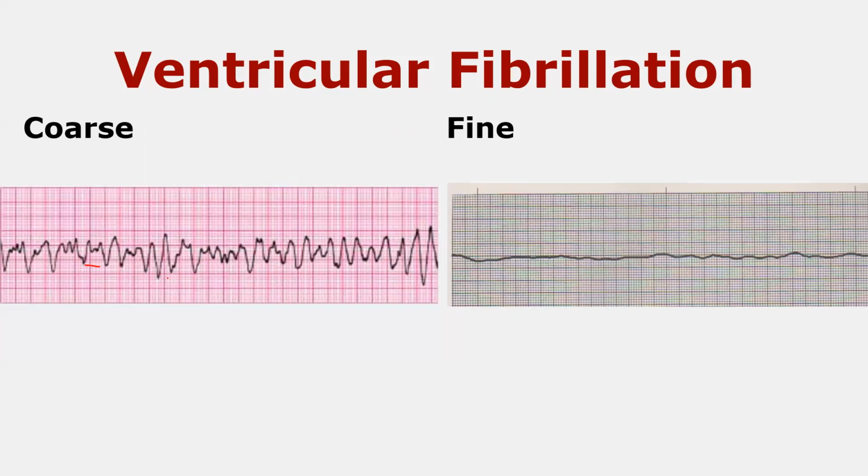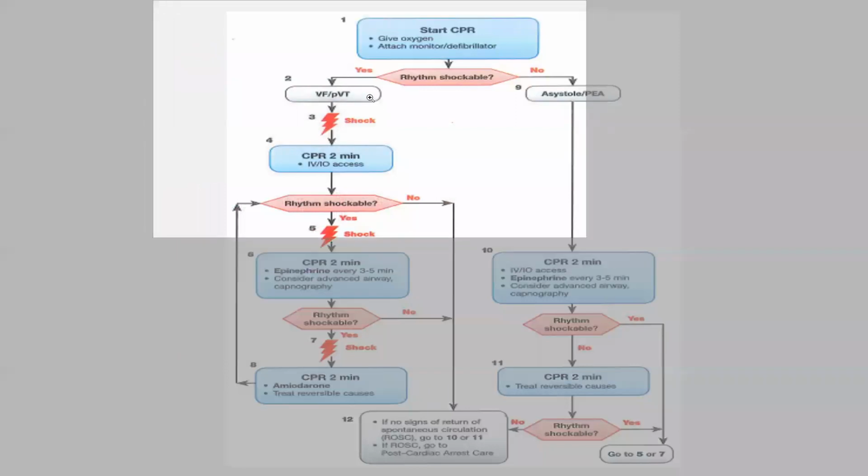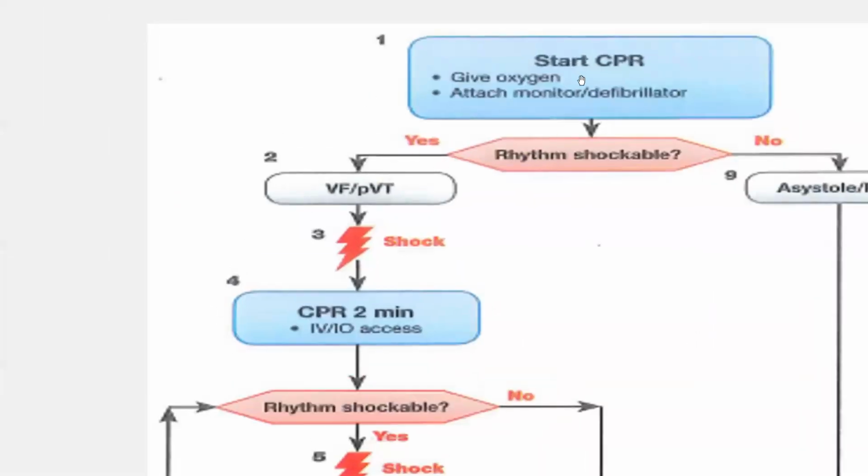Additionally, the treatment for coarse ventricular fibrillation and fine ventricular fibrillation is going to be different, or the approach, I should say. So let's take a look at the algorithm for the treatment of ventricular fibrillation. So I'm now going to zoom in into this side of the algorithm, wherein you are going to have a fast rhythm or ventricular fibrillation.